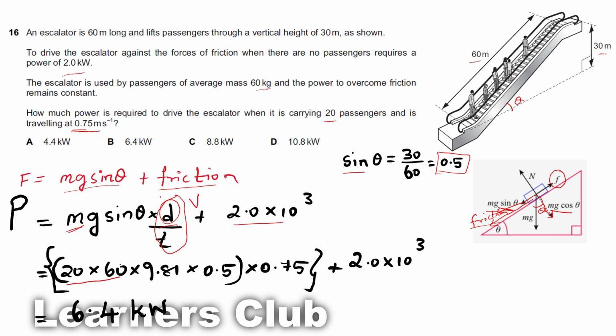To convert to weight, you have to multiply by g, which is 9.81. Sine theta is 0.5 and speed is given as 0.75. Plus this value, when you simplify, your answer is 6.4 kilowatt, which is your option B.